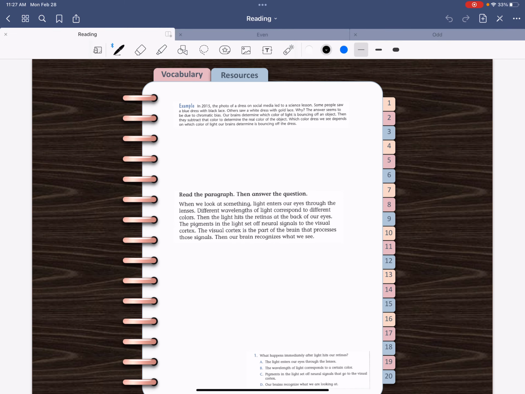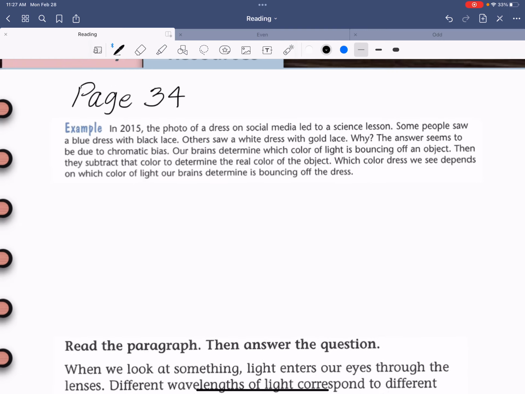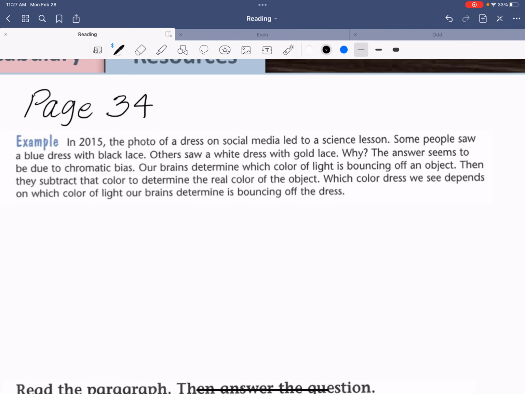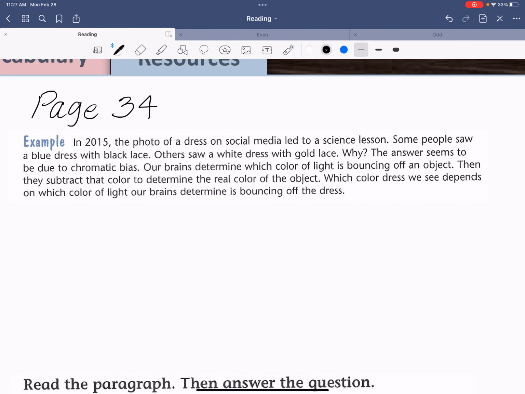So let me get my pencil going here and I'll write that down. Page 34 in the reading book. I want to start with this example. There's really no question to answer here, but we can practice with our mind mapping on this one.